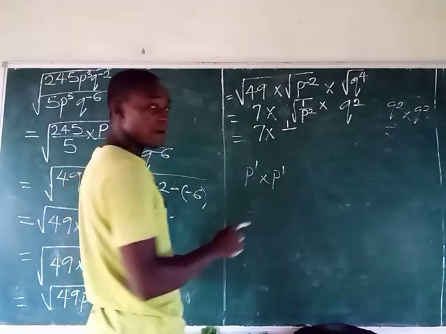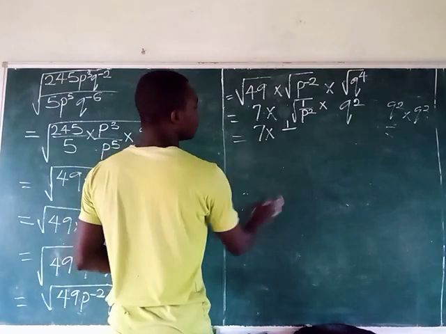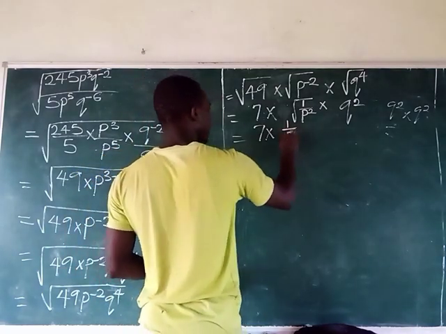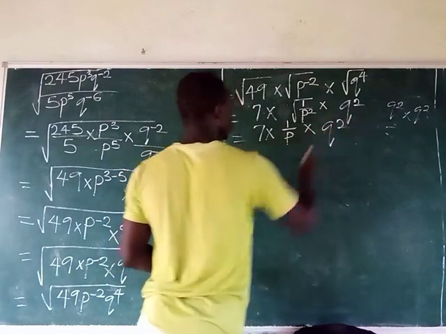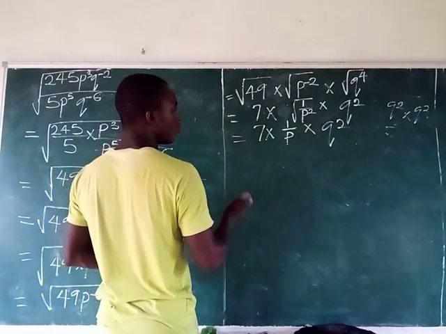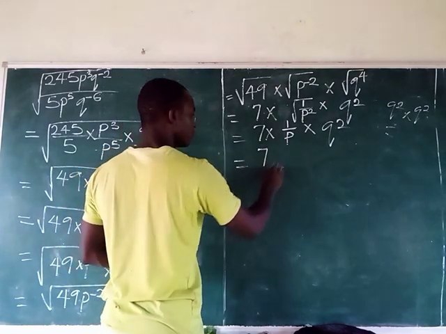And that is P raised to the power of 1, which is the same thing as P. And so that will give us P times Q raised to the power of 2.